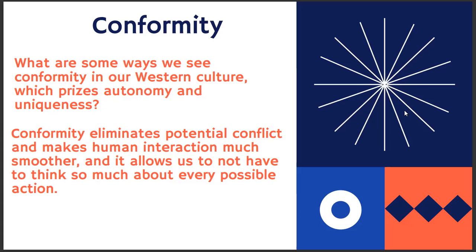Conformity eliminates potential conflict and makes human interaction much smoother. And it allows us to not have to think so much about every possible action, instead of constantly having to think about what is the next thing I should be doing. Okay, so let's say you go to a five-star restaurant for dinner, and you've never been to one before.